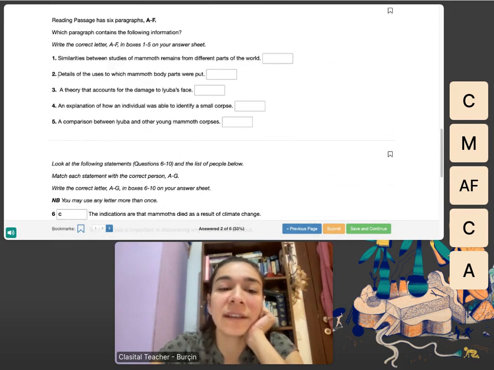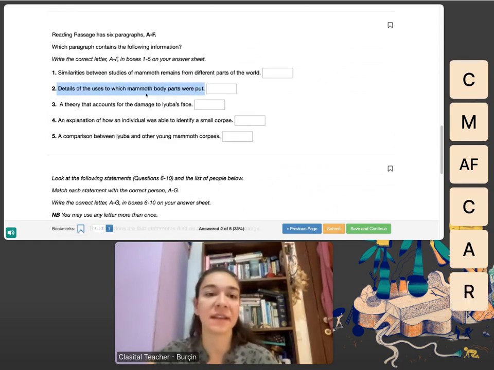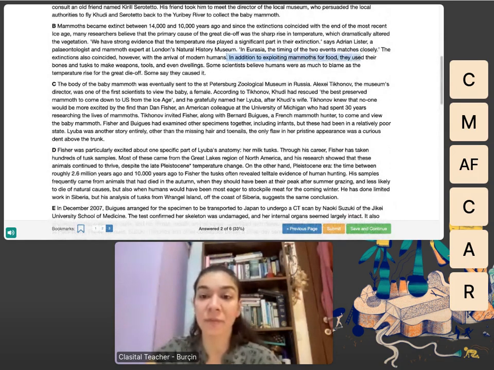Details of the uses to which mammoths' body parts were put. So now I have that information. I think I have seen it. It says, in addition to exploiting mammoths for food, they used their bones and tusks to make weapons, tools, and even dwellings.